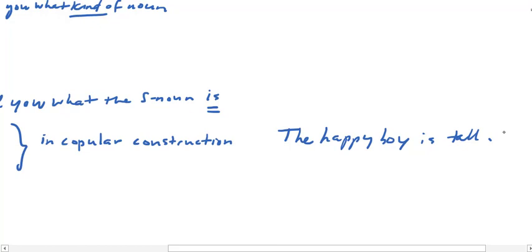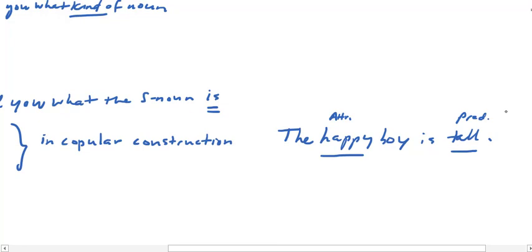The happy boy is tall. I have two, happy and tall. Which one of these adjectives is telling me what kind of noun I'm talking about? Happy, good. So happy is what kind of adjective? It is an attributive adjective. Which one of these adjectives is telling me what this happy boy is? Tall. So tall is the predicate adjective.